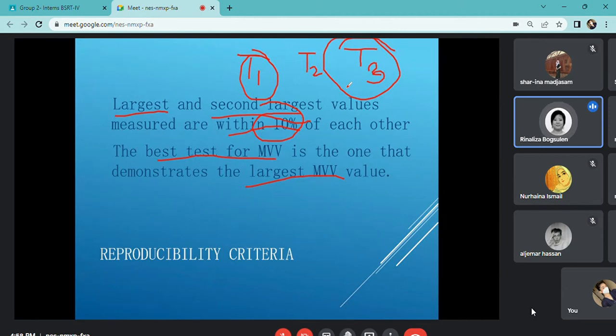Your MVV will decrease, again, with obstructive lung disorder, neuromuscular diseases, and poor effort. Those are the instances in which you have a decrease in your MVV.